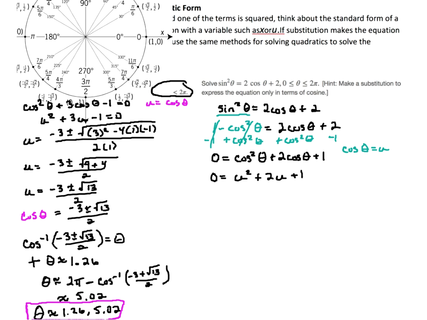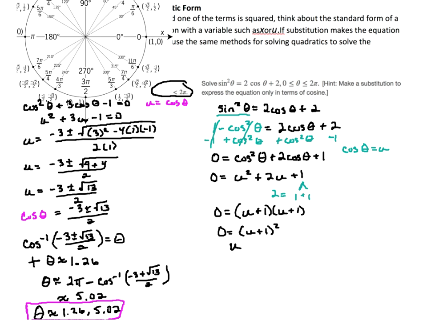Now all I need to do is figure out what are the factors of 1 that add to make 2. Well, that's 1 and 1. So I have that factors as u plus 1 times u plus 1, which is u plus 1 squared.